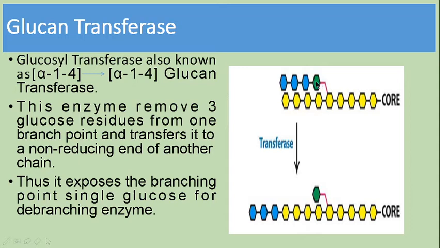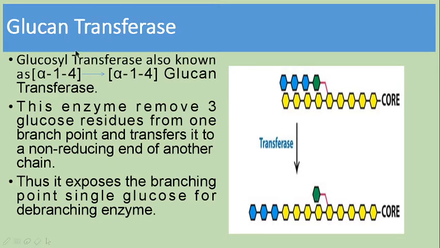Here, the green colored glucose residue now has the alpha-1,6 glycosidic linkage. So this enzyme will transfer 3 glucose units from one branch to the non-reducing end of another chain, exposing this alpha-1,6 glucose residue, so that it will expose the branching point and the debranching enzyme can cleave this glucose.